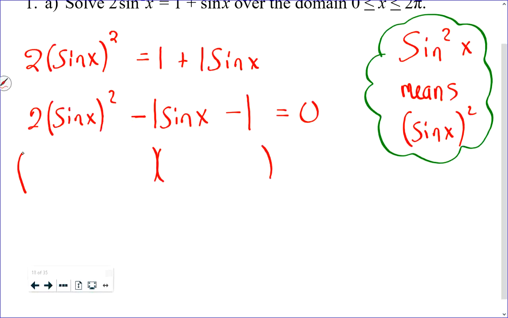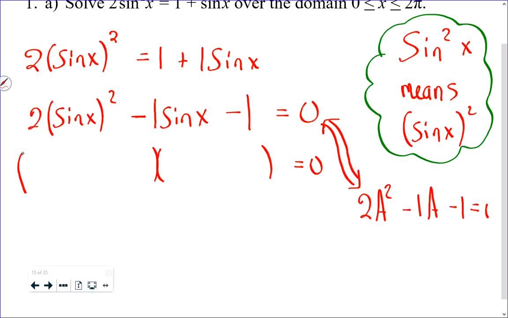I hope that everybody sees how this equation is similar to this equation.